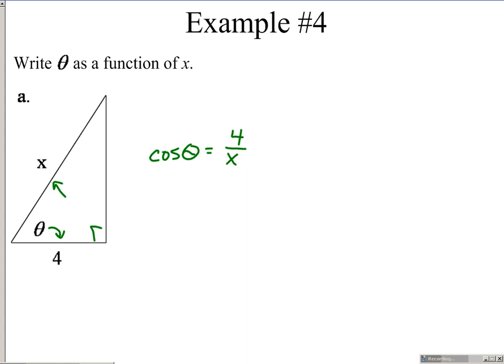When we solve for theta, this is when on your calculator you would use inverse sine, cosine, or tangent anytime you're finding an angle. So technically to solve here, just like we solve any equation, we do inverse operations. I need to take the arc cosine of both sides. When I take the arc cosine of cosine, they cancel, leaving me with just the angle theta, equals arc cosine of 4 over x.